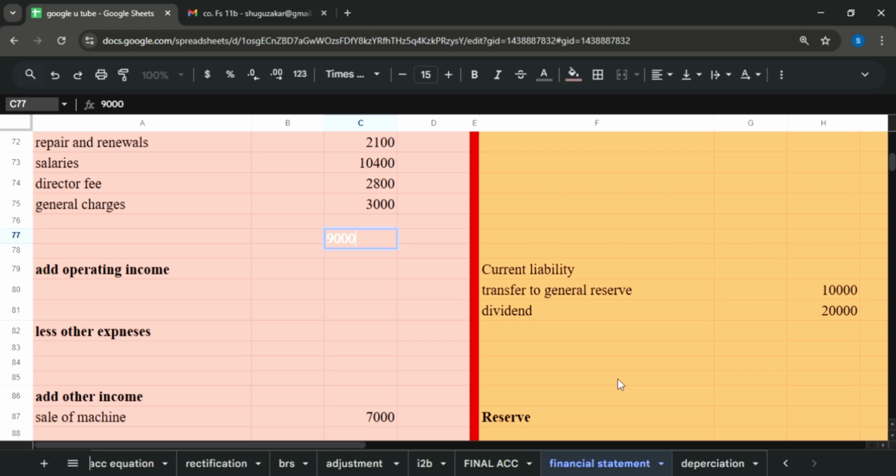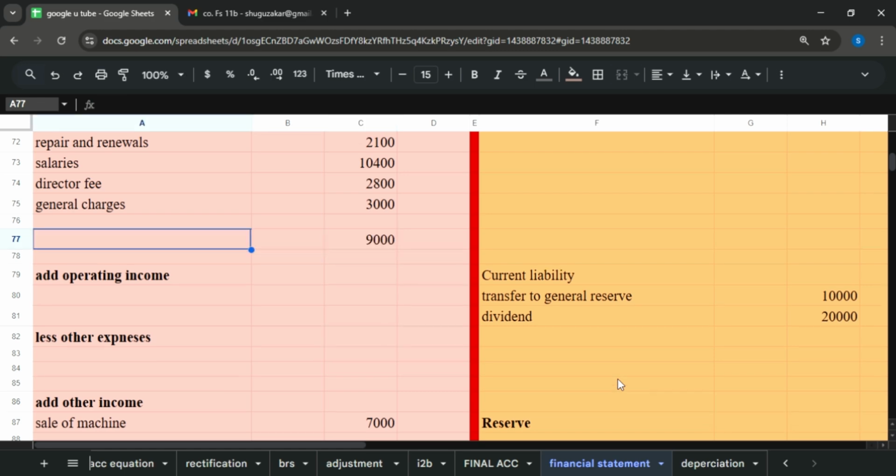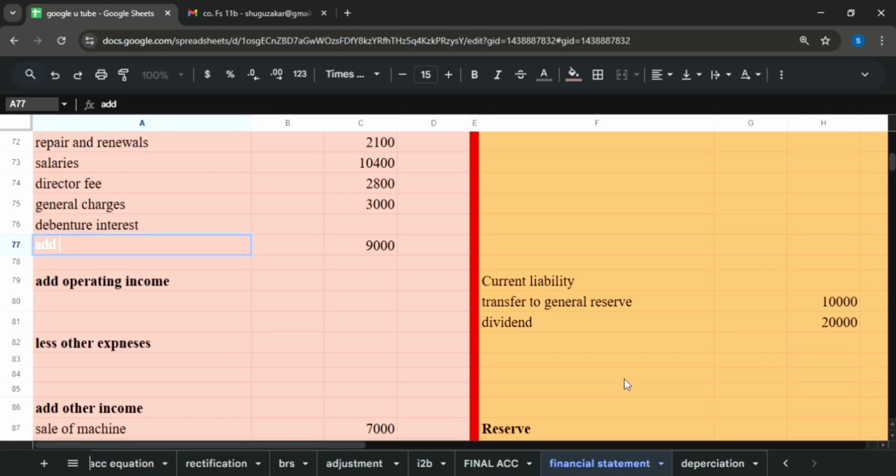Have you seen that I have left one place, one line, debenture interest, and then we will see its outstanding. You have noted it down. I have not written any amount in front of debenture interest, no amount in front of outstanding interest.